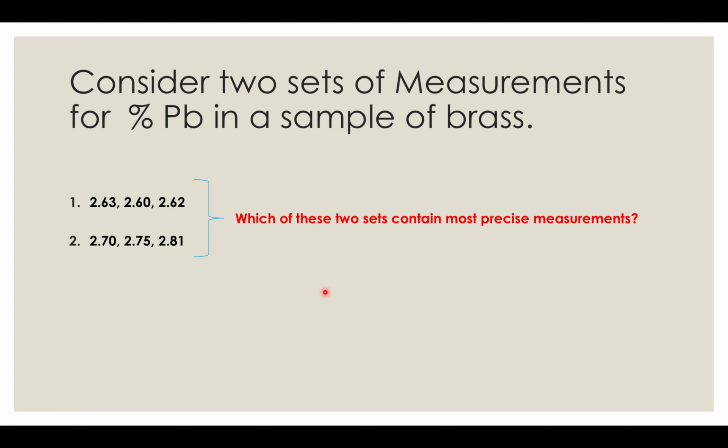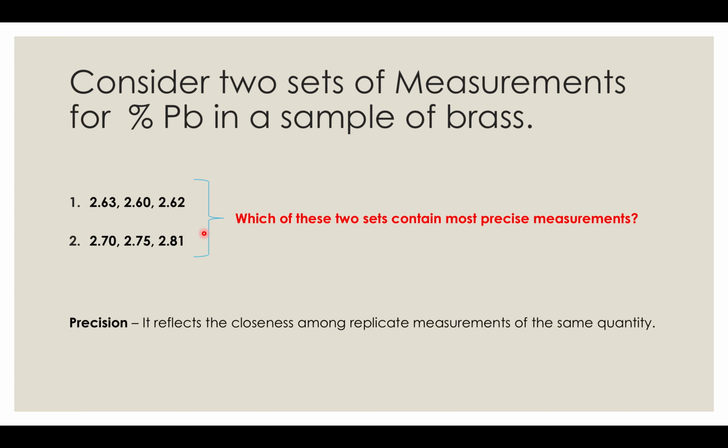Before I left the previous session, I asked you this question in which two different measurements are being done, and you were asked which of these two measurements is the most precise one. And correctly, in the live session, you predicted that the first one is the most precise one.